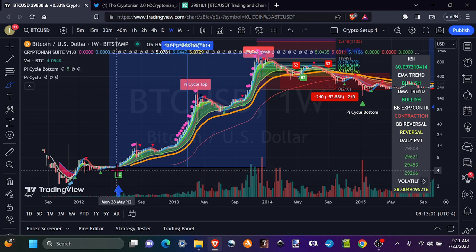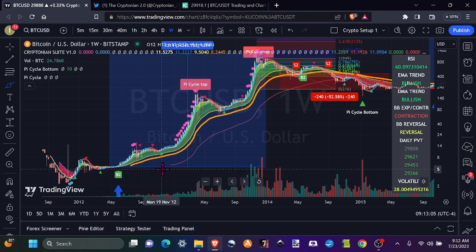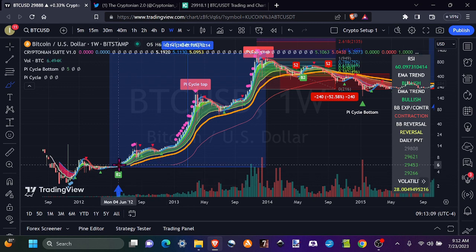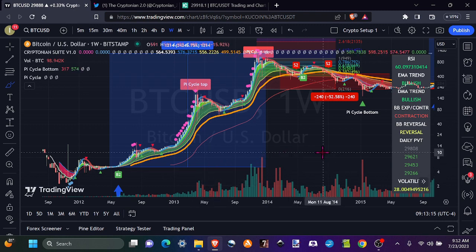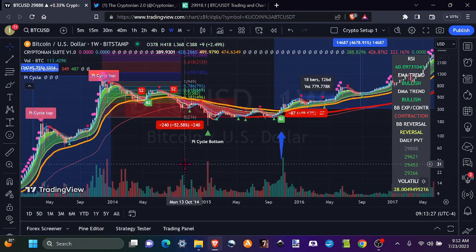Again, this is back in the 2012 time when Bitcoin was, goodness gracious, $6, right? So here's the thing about Bitcoin. Bitcoin doesn't have a lot of history. It has limited data that we can actually take a look at.